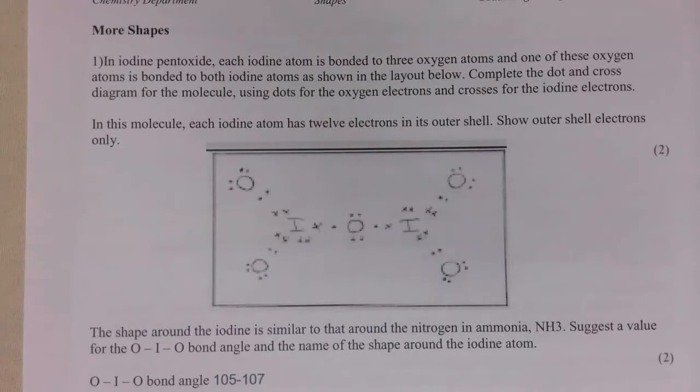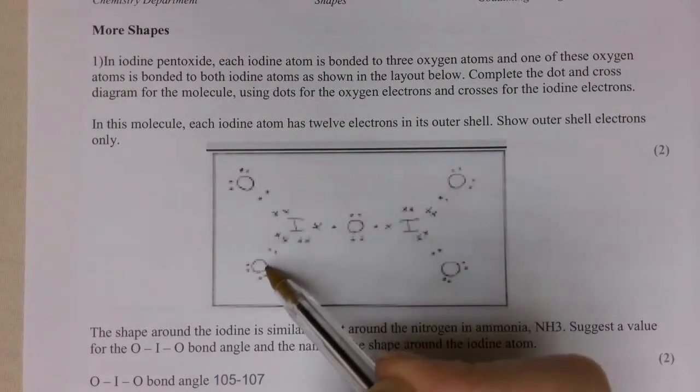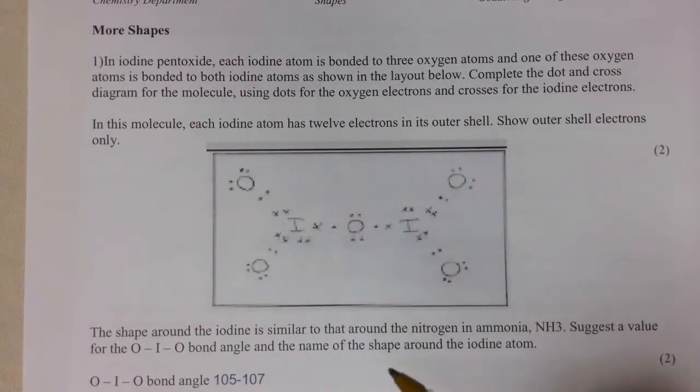So there are more shapes questions on page 8, and we're asked for the dot cross diagram of this molecule, I2O5. And we have our normal double bonds between our oxygen and our iodine, and a single bond to the linking oxygen.